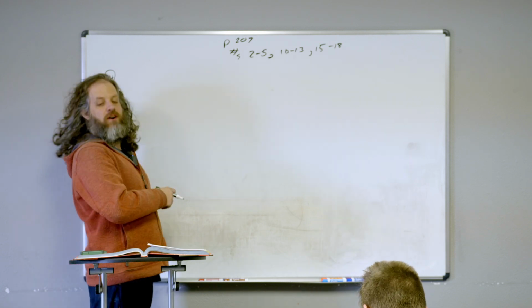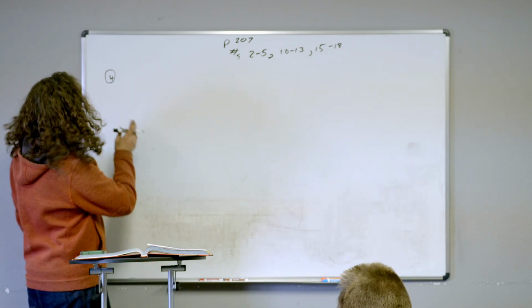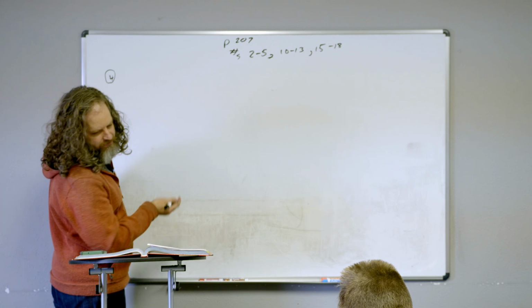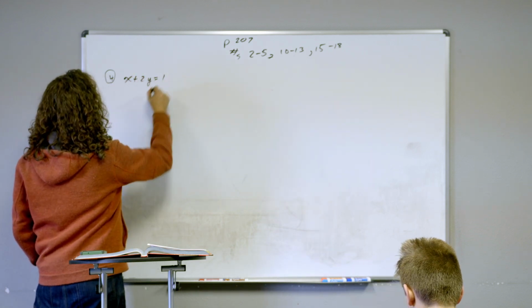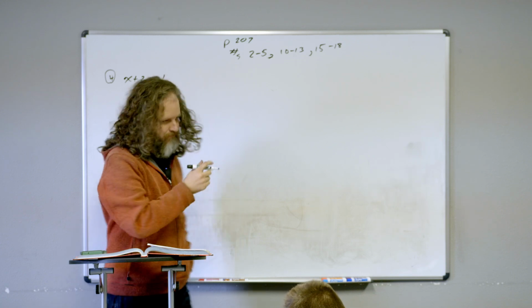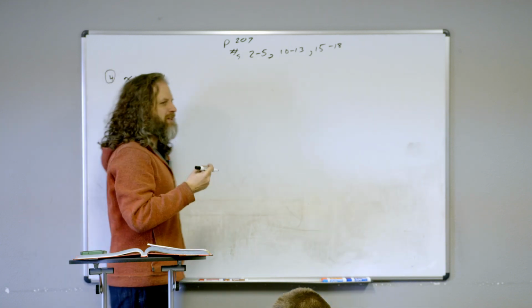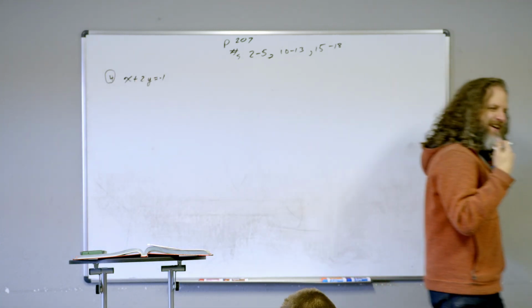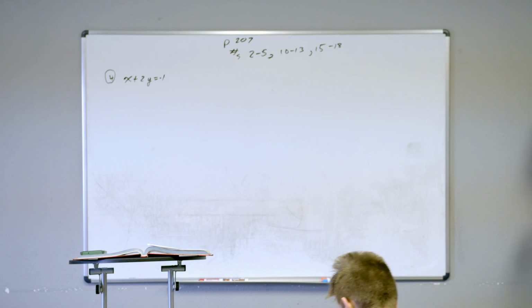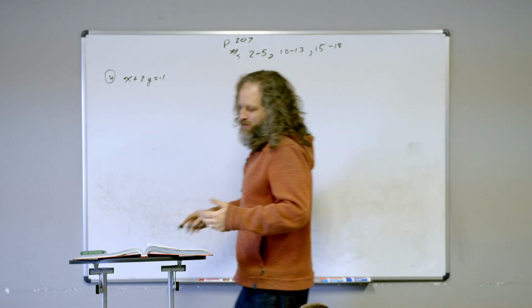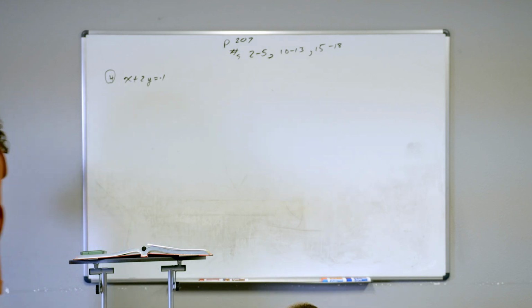Okay, so number 4, we're supposed to graph x plus 2y equals negative 1. First step is to copy the problem down right. Second step is to graph it. So what do we need to do in order to graph that?